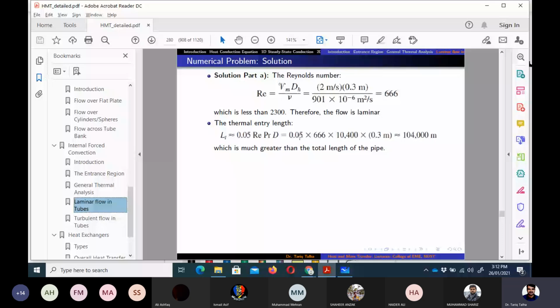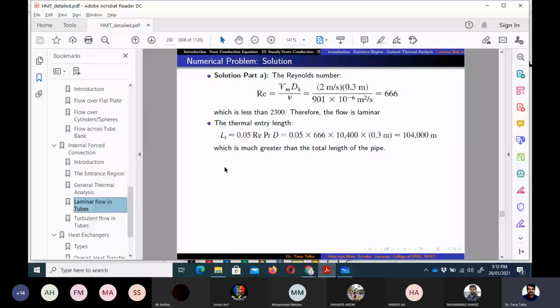If we do that, the value comes out to be 104 kilometers, which is of course a very high value. For our case, the pipe length is only 200 meters. So it means that the flow is in the thermal entrance region.